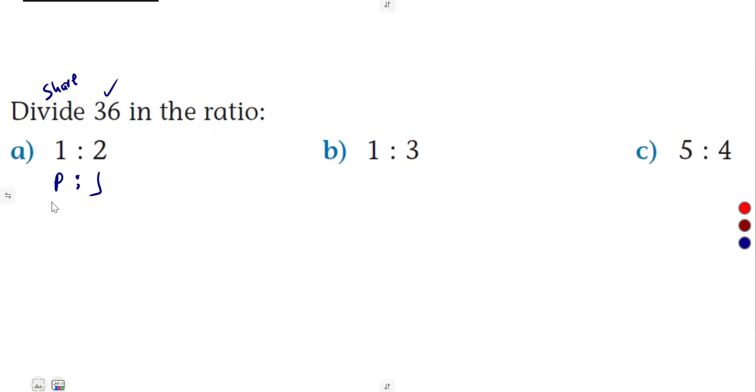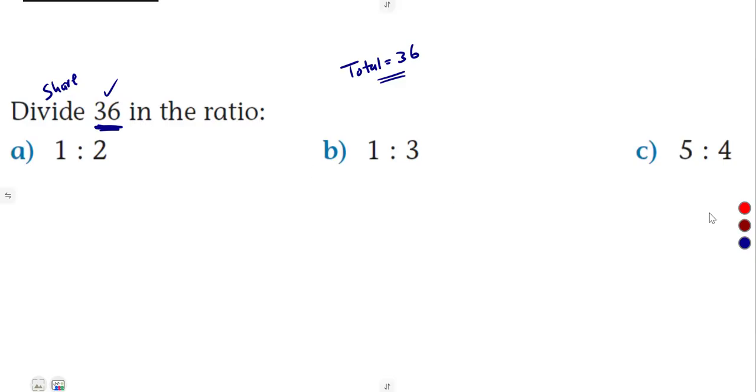So it's like how much Peter is going to obtain, how much John is going to obtain. So that is like divide, to divide a certain number in the ratio. It is to share it in the given ratio. So the number that you are given is the total.